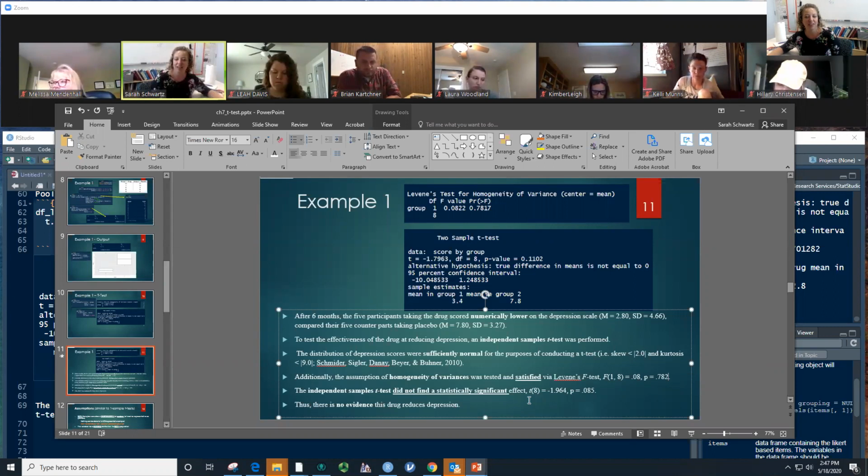And then here we have our t with 8 degrees of freedom equaling the value. Oh, you know why this doesn't match? Slightly different data were entered in his R versus when I fixed it in mine. There. So there was no evidence that the drug reduces depression.